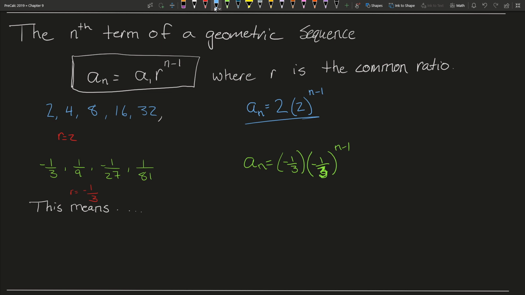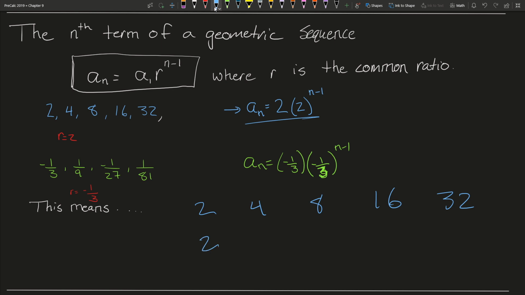Okay, so if we take this sequence 2, 4, 8, 16, and 32, a good way to think about this is in terms of our nth term equation. So we would write 2 as just our first term.